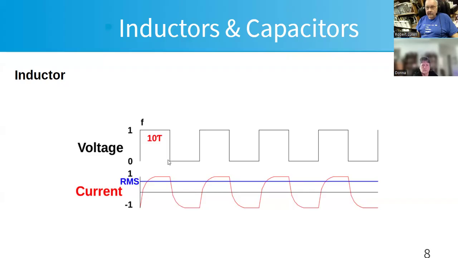And then when we take the voltage away, it's going to try to dissipate the charge. So there's enough time for it to go back to where it was. In the case of an inductor, it tends to reverse polarity when it does that.